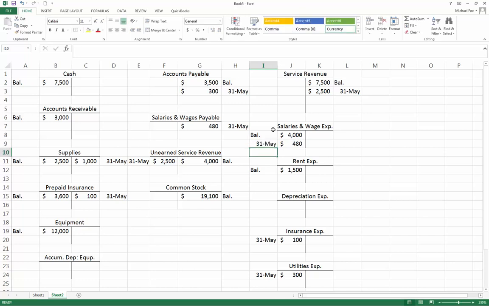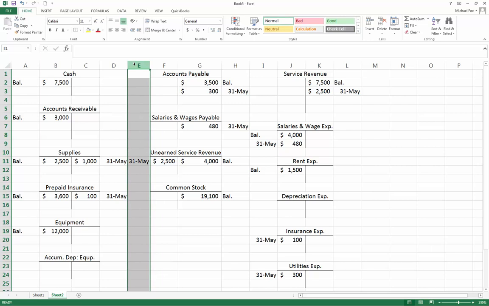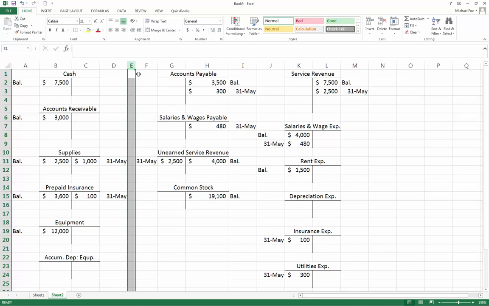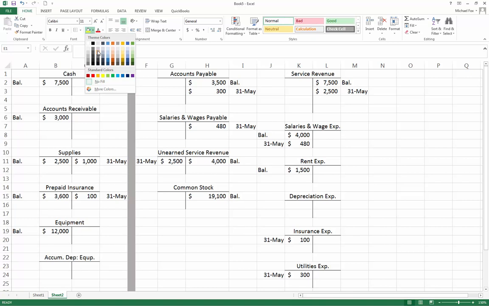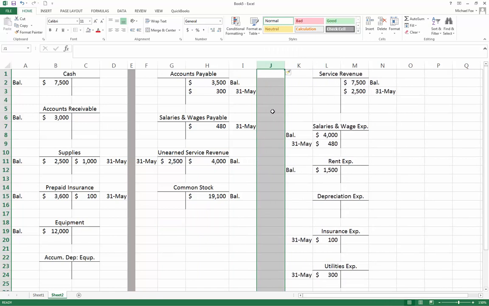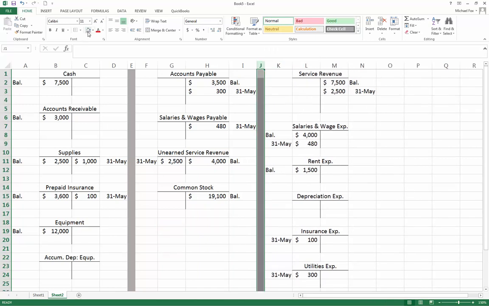There's lots of things we could do to make this clearer, right? I could insert another... anyway, you can do lots of things to make it look clearer.